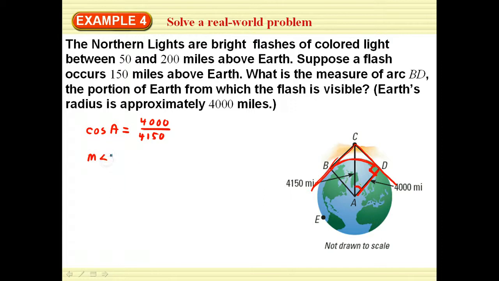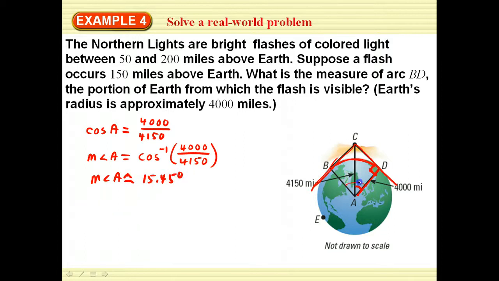The measure of angle A will be equal to the inverse cosine of 4,000 over 4,150. I come up with a measure of angle A that is approximately equal to 15.45 degrees.